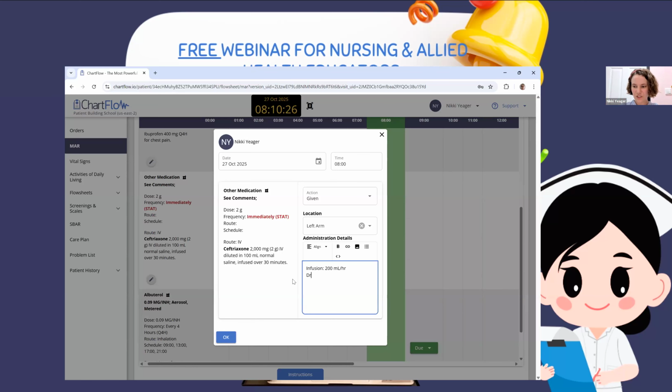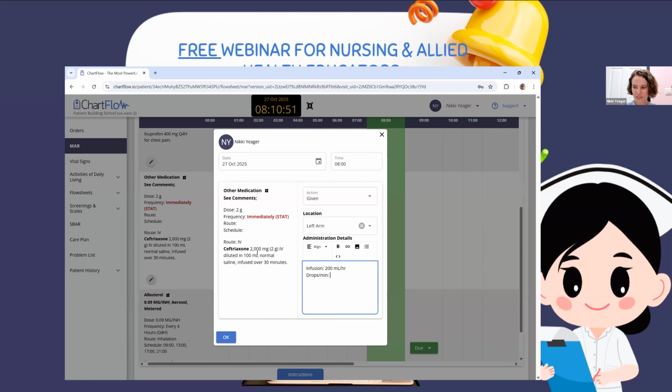The next thing we're going to do is your drops per minute. And in here, this is a free text box, so they can write it however your school wants them to do it. But same thing, they're going to work through their formula themselves. So to find the total drops, we're going to do the volume. So 100 milliliters again, because it's diluted in 100 milliliters of normal saline.